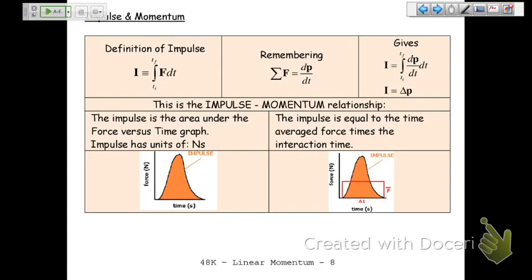Impulse is defined as the force times the duration. If it's a variable force over time, then I've got to do a sum of all the little bits of force multiplied by the little bits of time. And so I have an integral. So impulse equals the integral of F dt, a bit like work equals the integral of F dx. It's the same kind of idea.